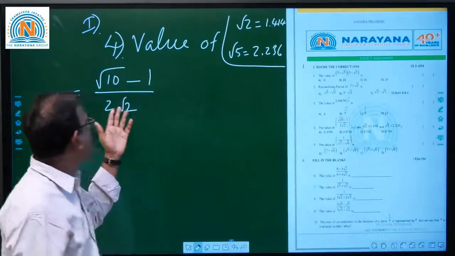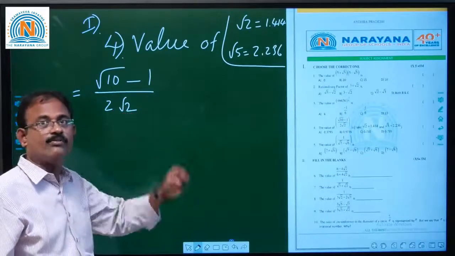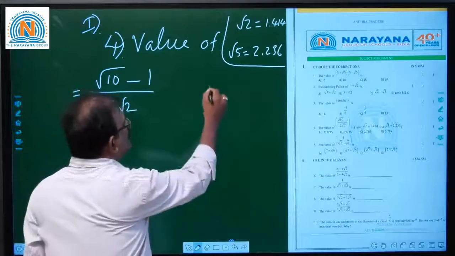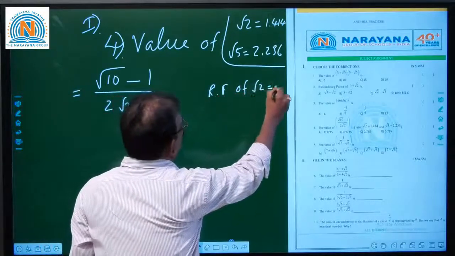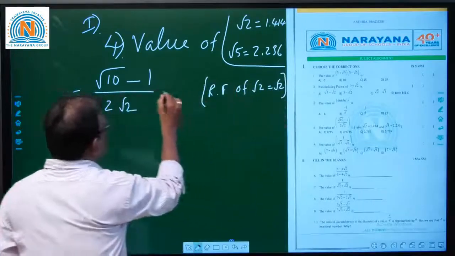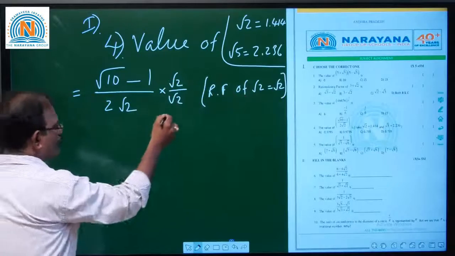Whenever we find an irrational number in the denominator, we should rationalize. What is the rationalizing factor of root 2? It is root 2. So let us multiply numerator and denominator by root 2.